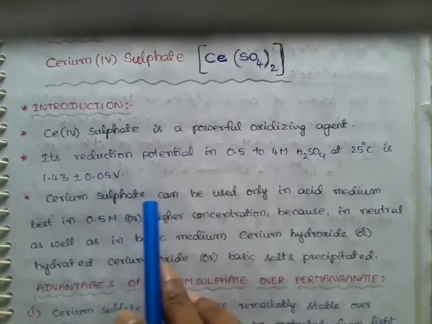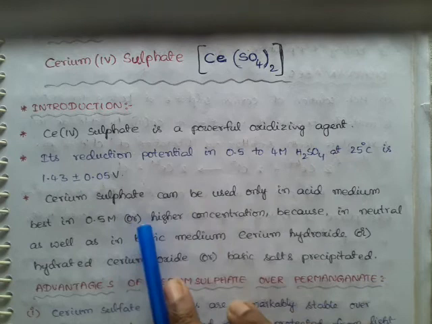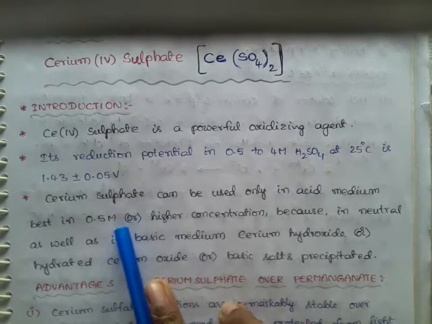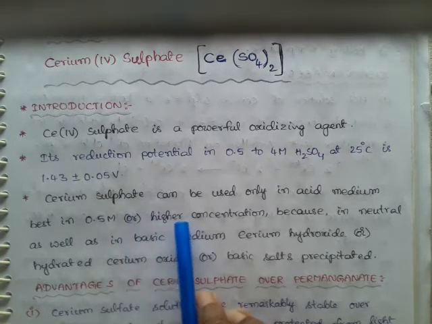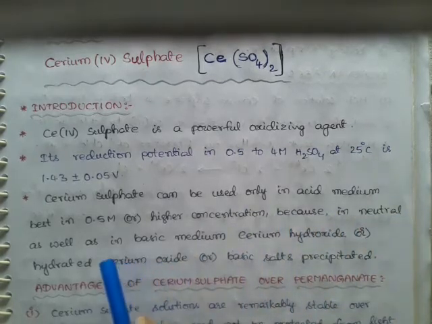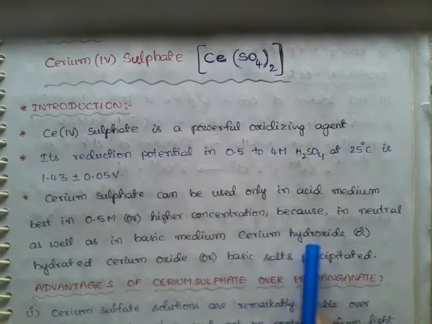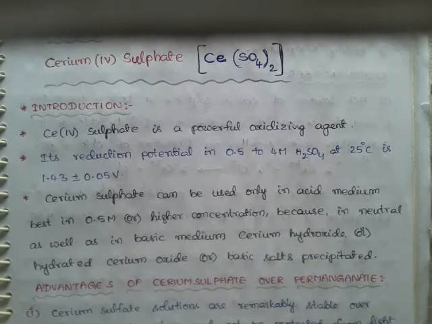And cerium sulfate can be used only in acid medium. Generally, it is widely used and best used in 0.5 molar or higher concentrations, because in neutral as well as in basic medium, ceric hydroxide or hydrated cerium oxide or basic salts are precipitated.